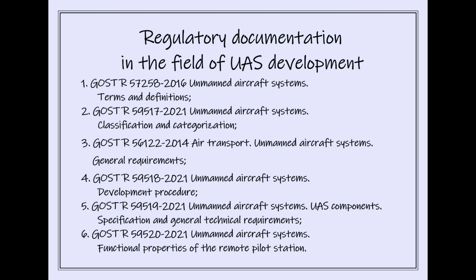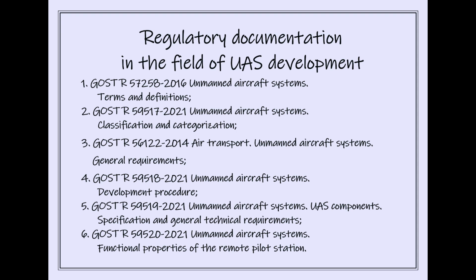59517, unmanned aircraft systems, classifications, and categorizations. The description of this standard states that it establishes the classification and categories of unmanned aircraft systems to determine the requirements for flight safety, the required amount of certification work of the developer or manufacturer of unmanned aircraft systems, as well as the rules for use of airspace.